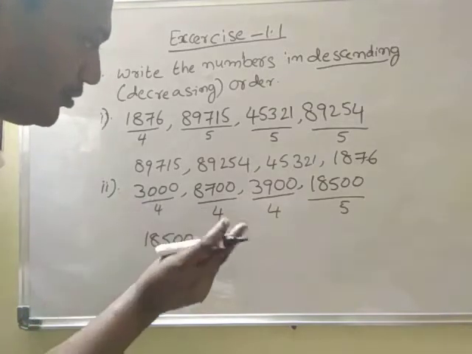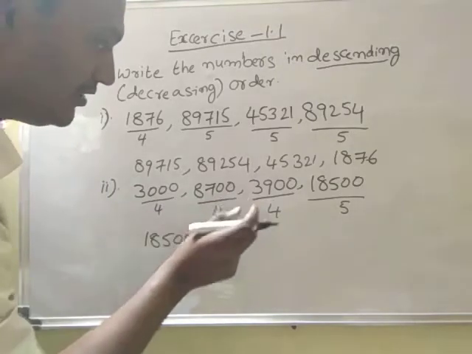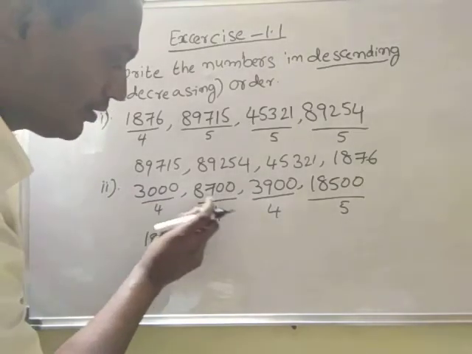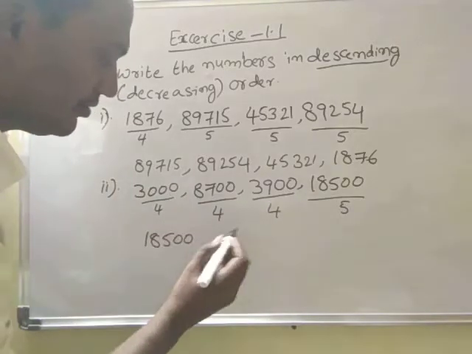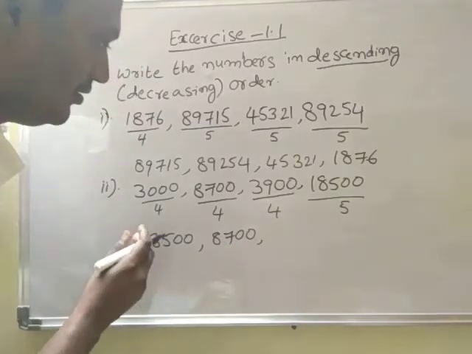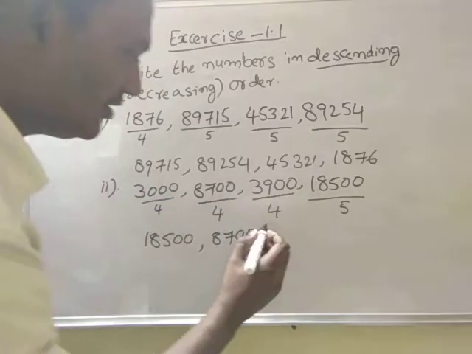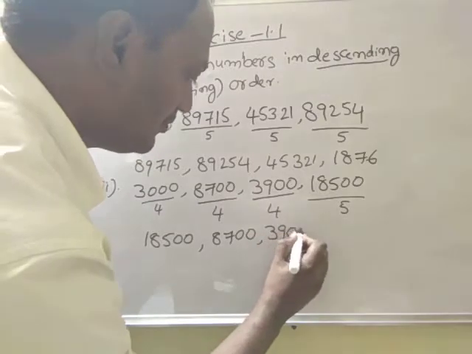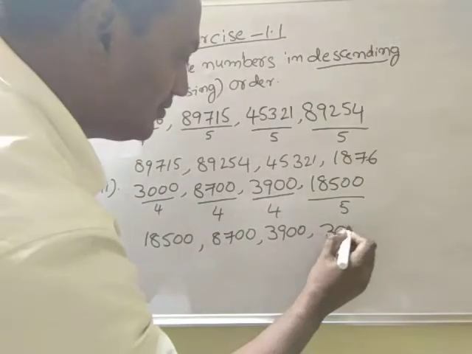Or take two digits: 30, 87, 39. From these, which one is the highest? 87, so you write 8,700. Then 39 and 30. Which one is higher? 39. The last one is 3,000.